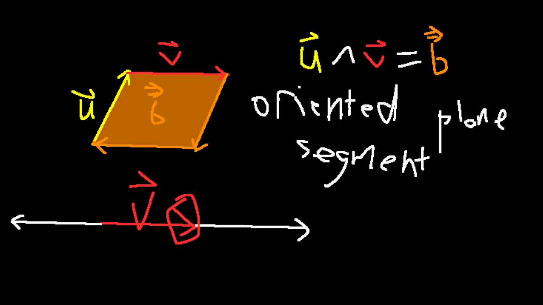Now, as for the bivector that we saw before, I'm going to go ahead and draw it again. Let's use the straight line tool. Okay, so we have this bivector.